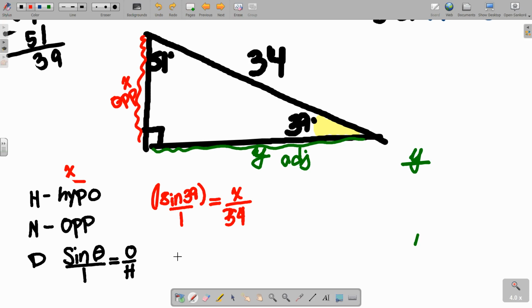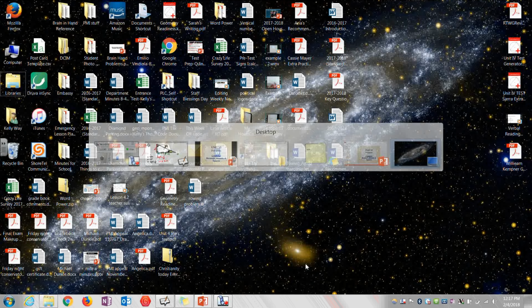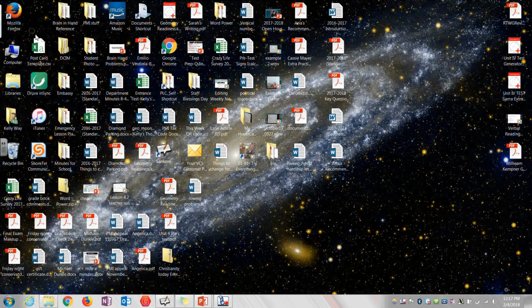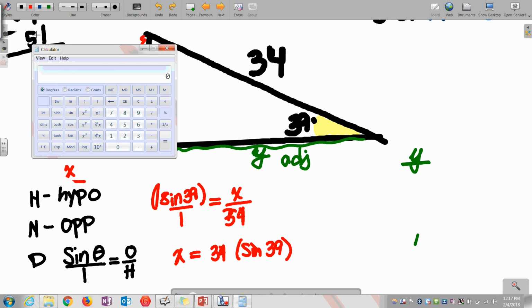So if you cross multiply, x is going to equal 34 times sine 39. Get out your calculator, do this yourself.